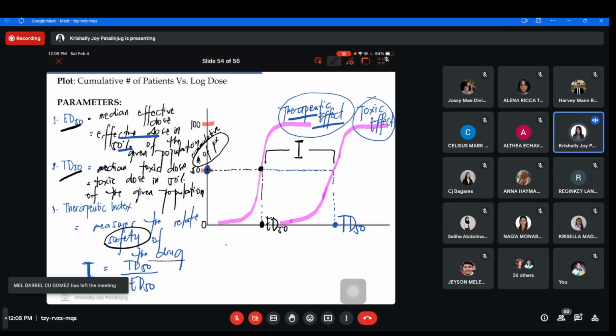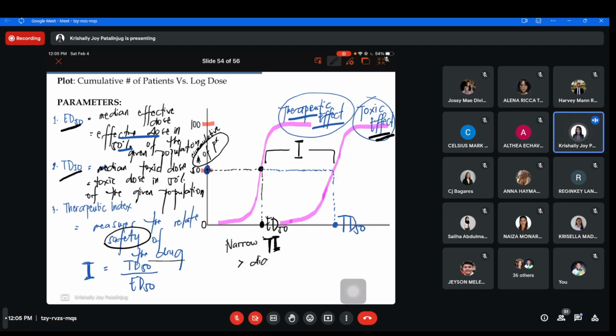And we have different examples of drugs na merong very narrow therapeutic index, and they need to be monitored if given to the patient kasi konting changes lang sa dose ng gamot pwedeng magkaroon ng harmful adverse effect to that patient. Okay? Examples ng drugs na merong narrow therapeutic index are the following.